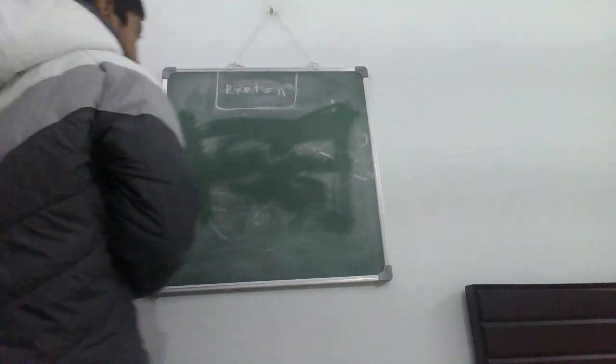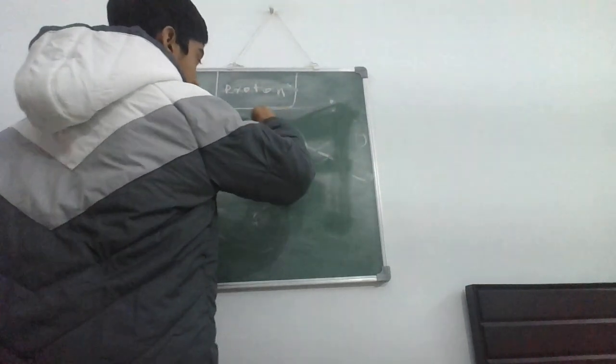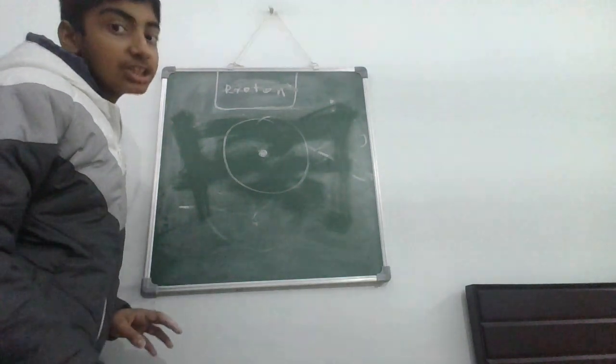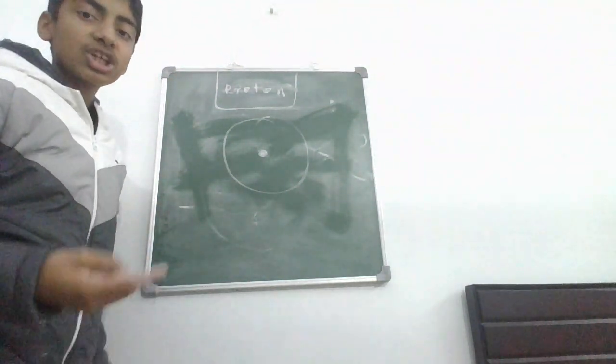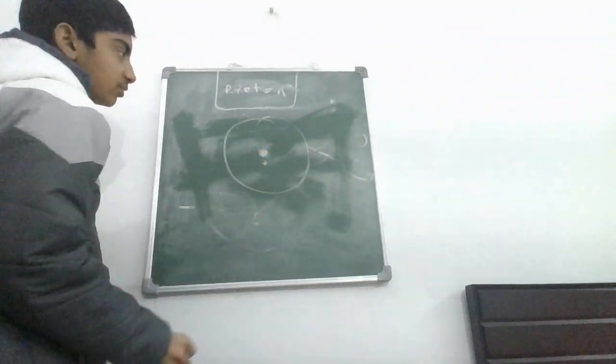So what happened is this. Here is a gold atom with the nucleus. Nucleus is made up of neutral neutrons and positively charged protons. So overall the nucleus is positive.